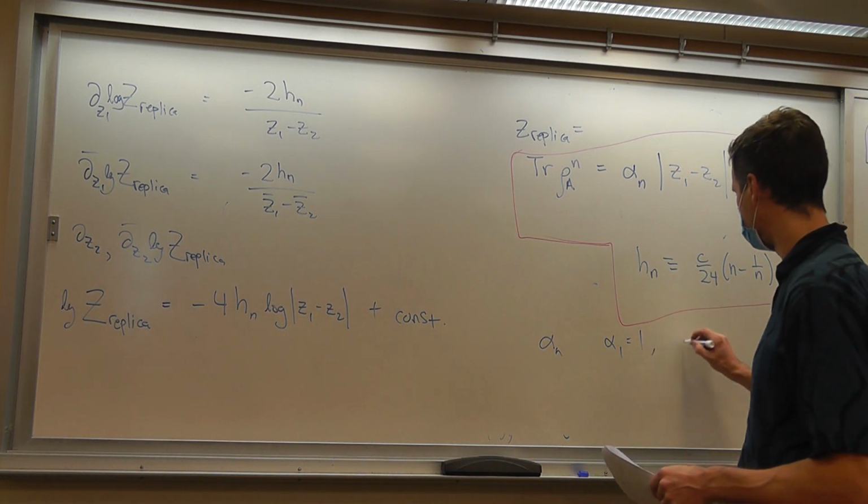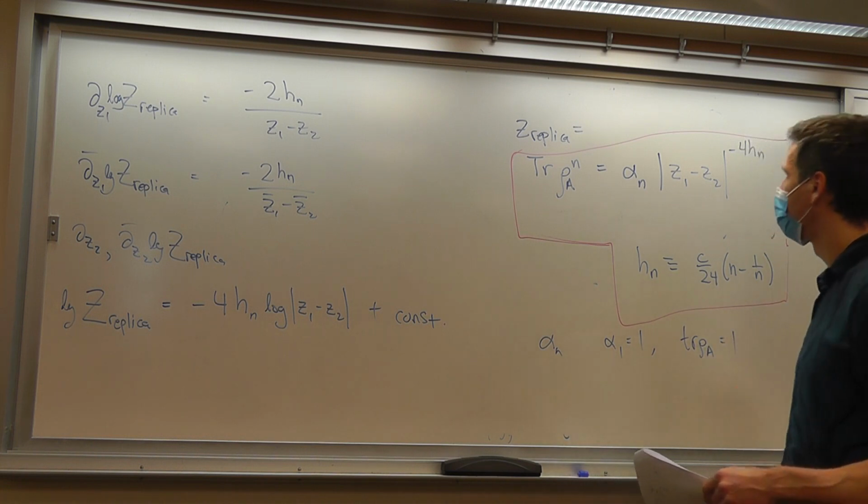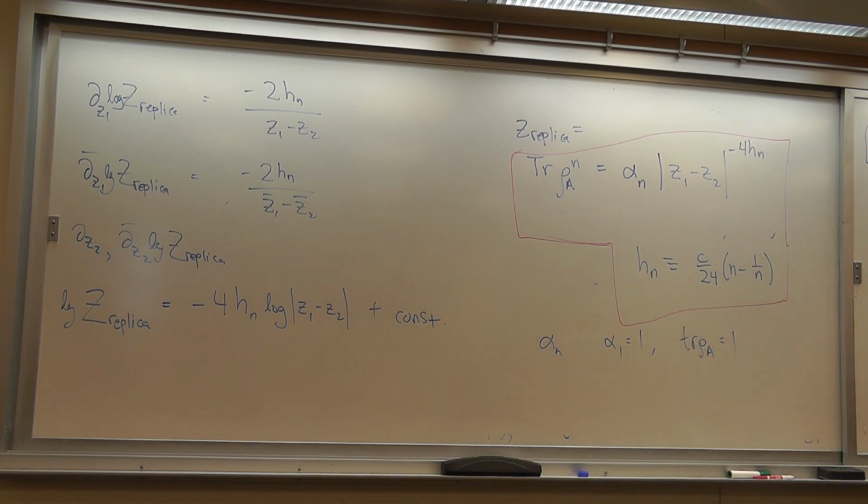That should come from trace of rho A hat being equal to 1. Now I'm getting confused.